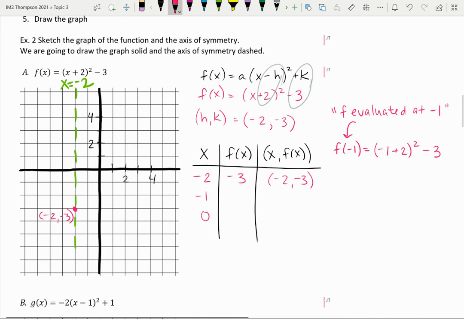This f of -1 is called function notation. We've seen it before, and we're going to see it more in this class and a lot more in future math classes. It means the function f evaluated at -1. These are like directions, not like do some math with this. I'm plugging -1 into this function. So the left-hand side is just going to stay f of -1, and I'm going to simplify the right-hand side using order of operations.